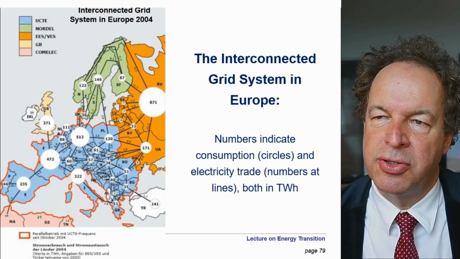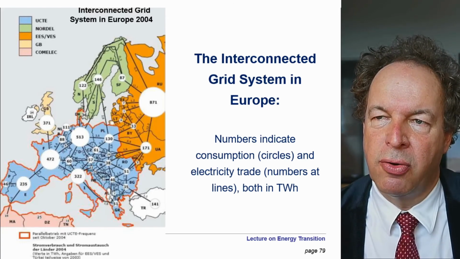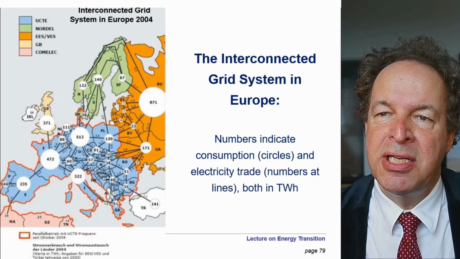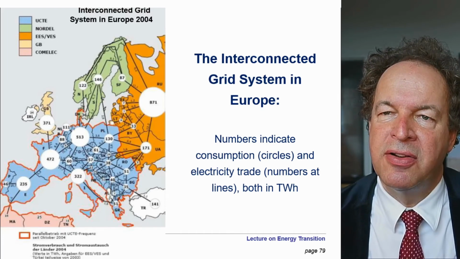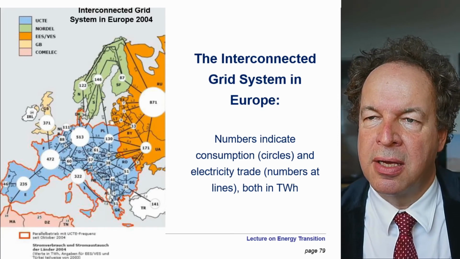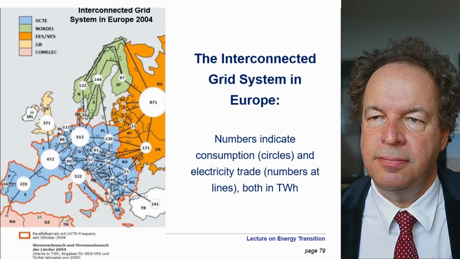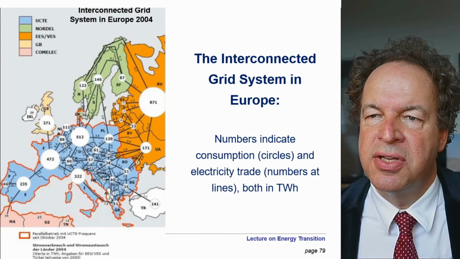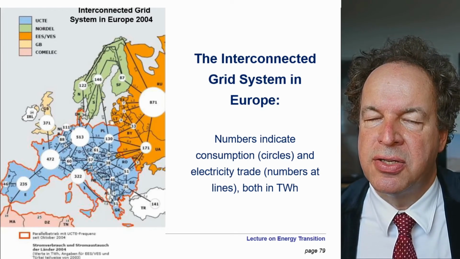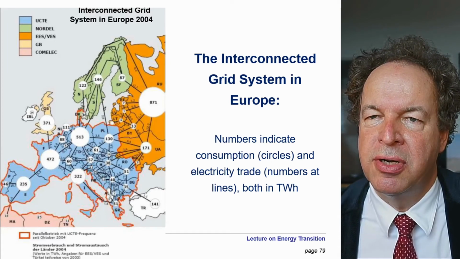This time difference also applies to the availability of sunshine, and you can make use of that. Also, there's a different availability and probability of wind power in the different regions, and the European grid can be used to balance that out. To see these numbers and lines, this is in terawatt hours, what is happening during 1 year in interchange.